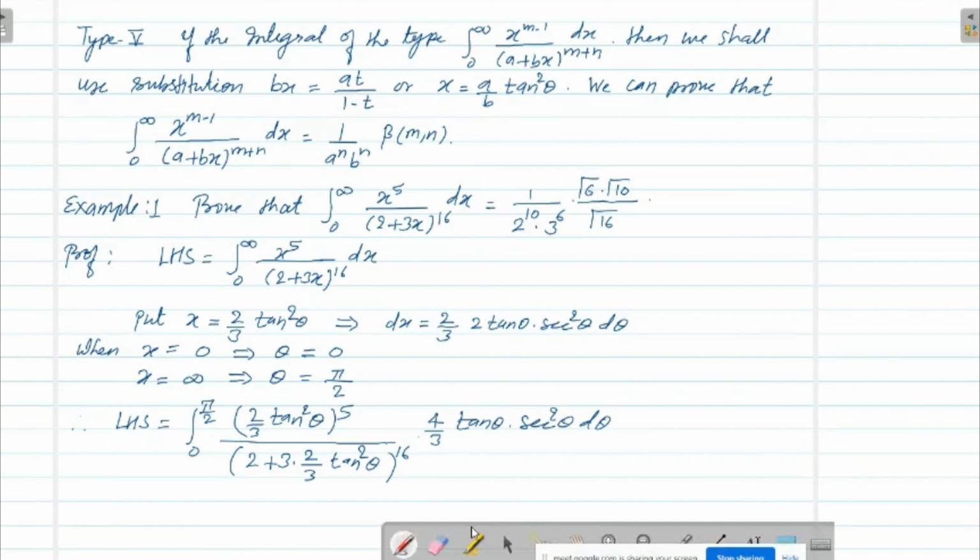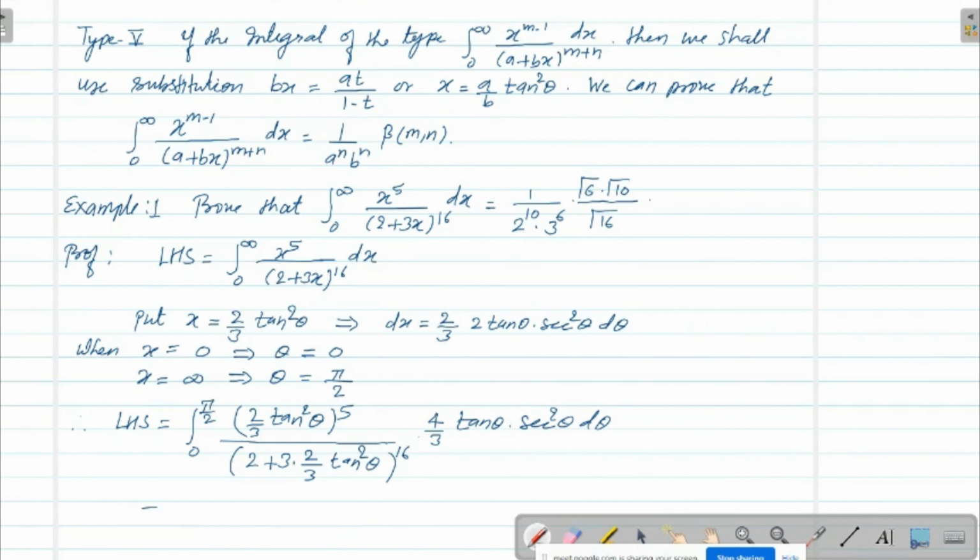Just simplify this. So this is equal to, I'm taking the constant terms outside, (2 by 3) raised to 5.